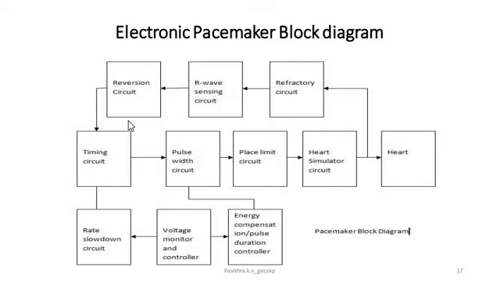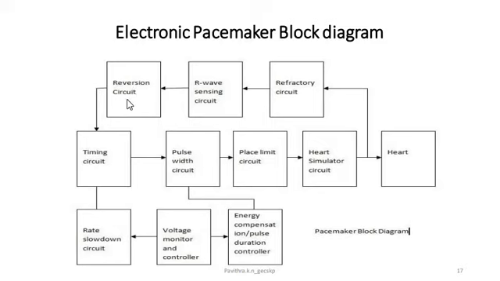Reversion circuit. This reversion circuit, or return circuit, allows the amplifier to detect a spontaneous R wave. In the absence of this R wave, the circuit again allows the oscillator to generate pulses at its preset rate.